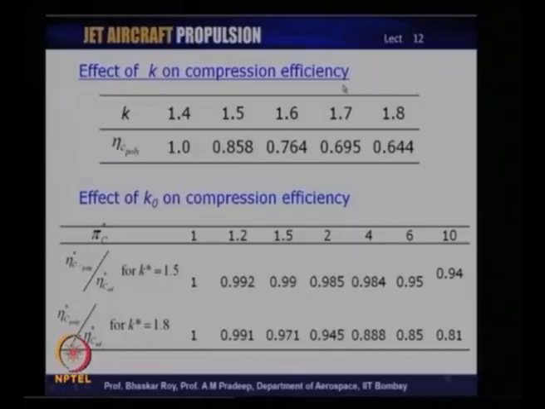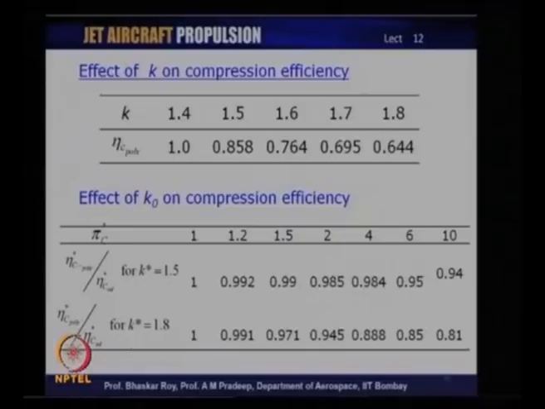So, we can see that the compression efficiency would be dependent quite a lot on the value of k, and the value of k of course depends on the real polytropic process that the compression is executing.